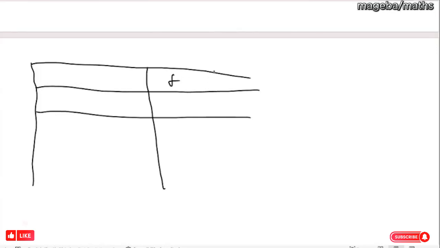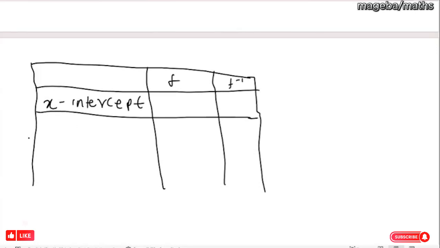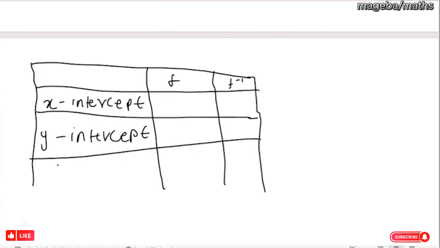We're going to have f, and then we have f inverse. Now we're going to have an x-intercept, and then we're going to have the y-intercept, and then we're going to have our endpoint. Remember, in this graph, we were given the endpoint, so it's where the graph ends.